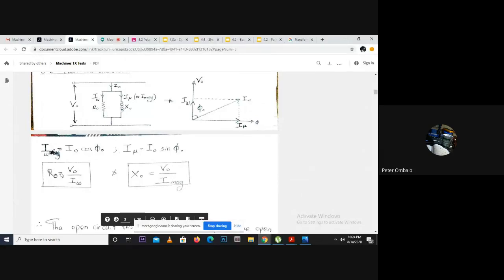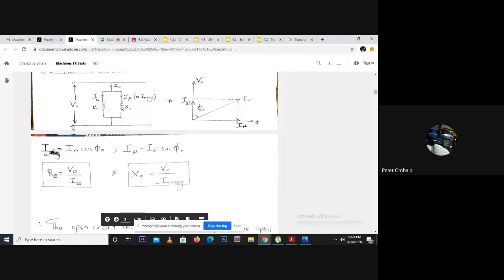And then we also have R naught. We can obtain R naught because the voltage across both, we divide it by one of these currents, and we will get either R naught or X naught.